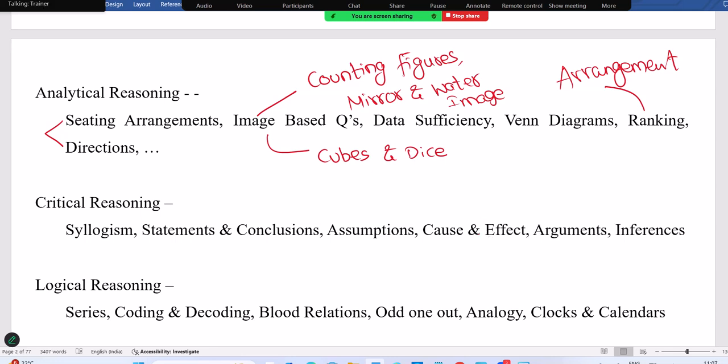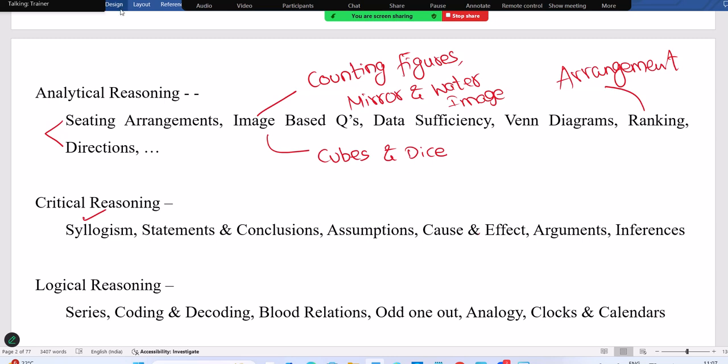It's more of the syllogism concept. They'll give statements like all A are B, some X are Y, no P is Q. Here statements and conclusions, assumptions, cause and effect, arguments, inferences, all those stuff. If anyone does not have clarity regarding assumptions, cause and effect, you can just check my channel.